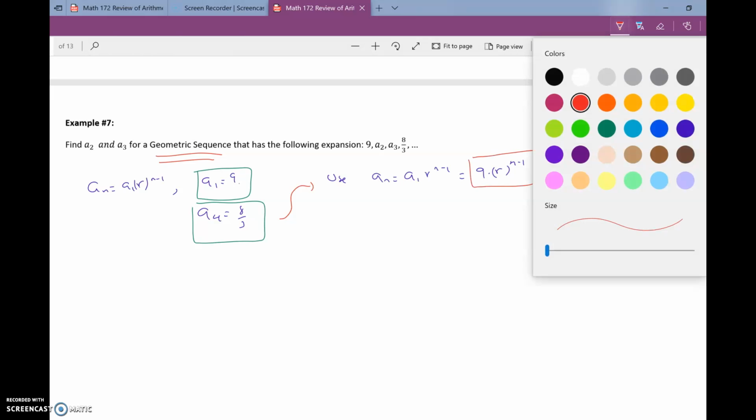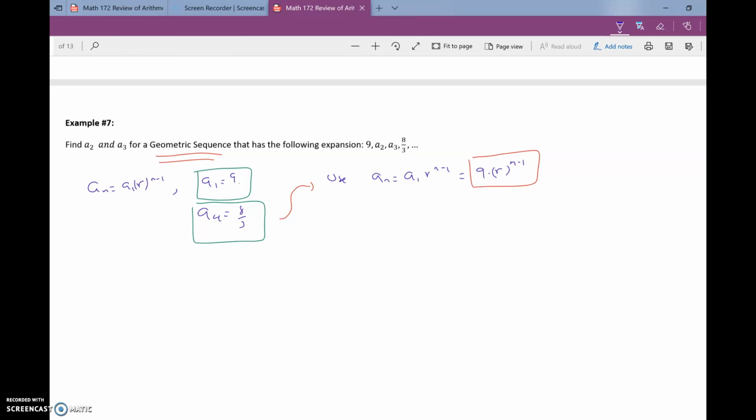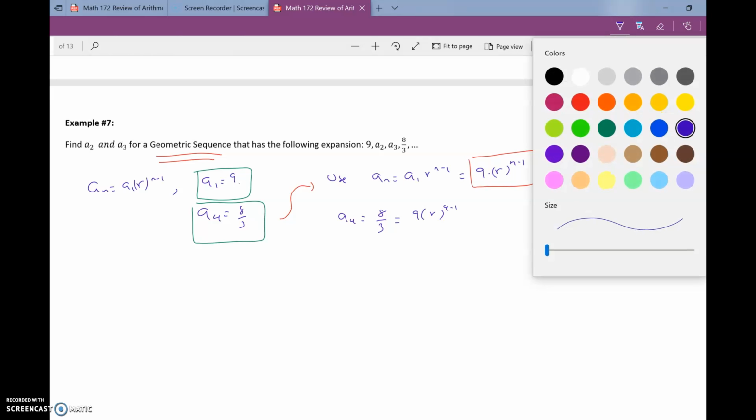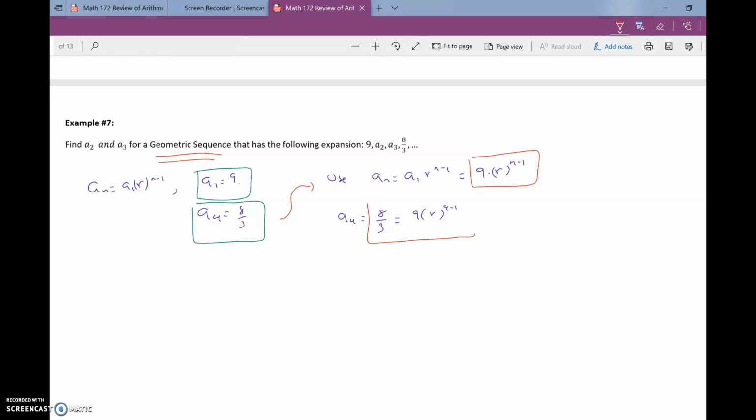Then let's use that formula for the fourth term. So a sub 4 is equal to 8/3, which is equal to 9 times r to the 4 minus 1.